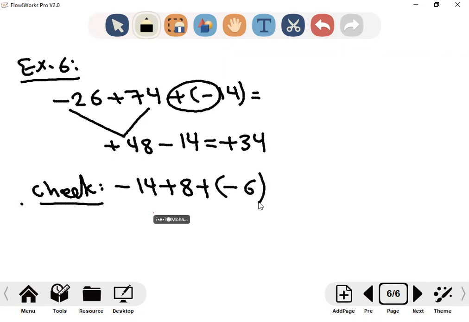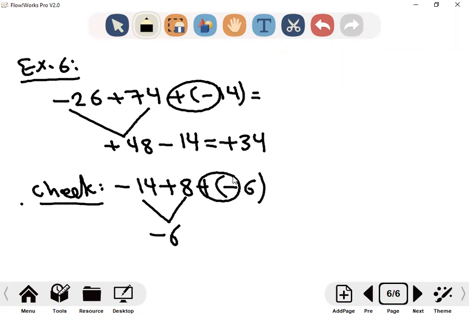Stay with me. First, the first two numbers. Different or similar? Add or subtract? 14 minus 8. What's the bigger, minus or plus? Now the answer of the two numbers with the third number. We have two signs here.